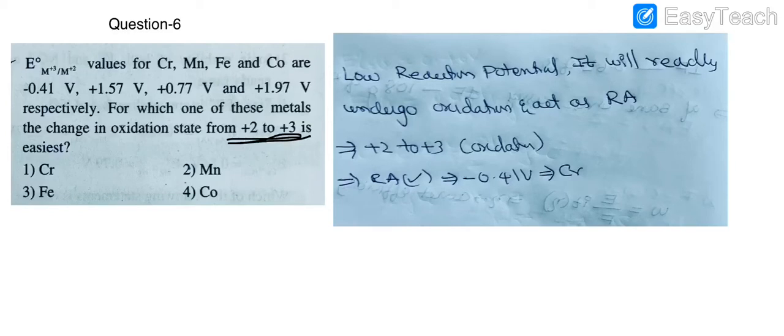In the case of reducing agents, if you have a low reduction potential, it will be a strong reducing agent. Which has the low reduction potential? This one, minus 0.41 volt. So the related element, chromium, will act as the strong reducing agent.